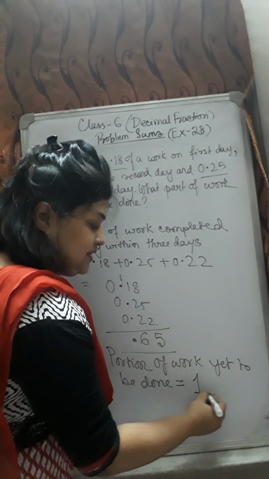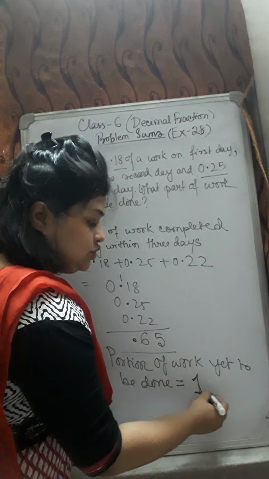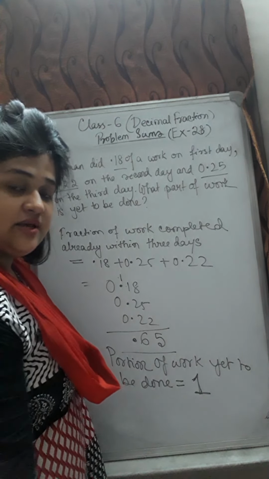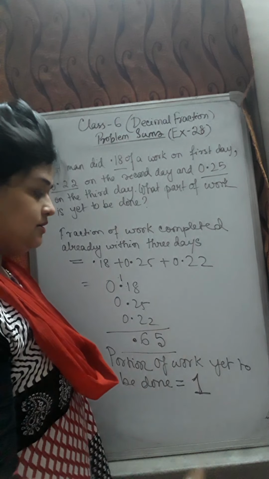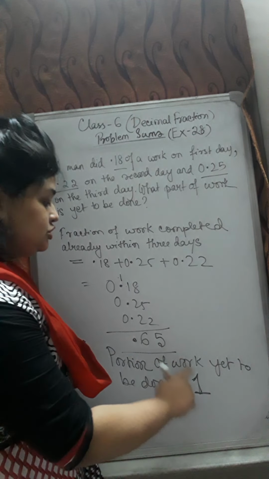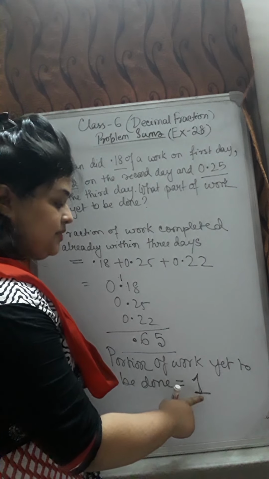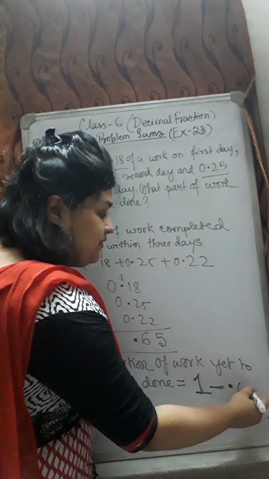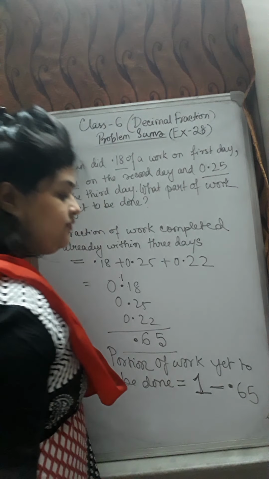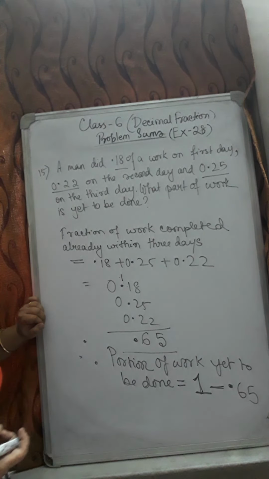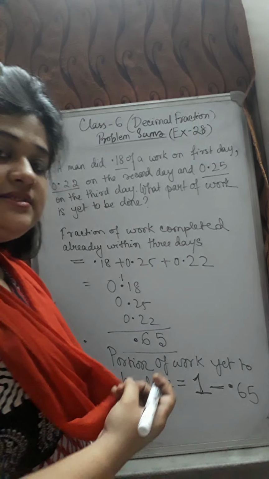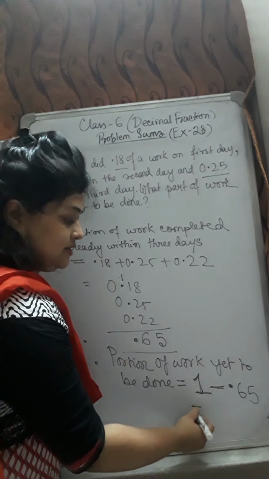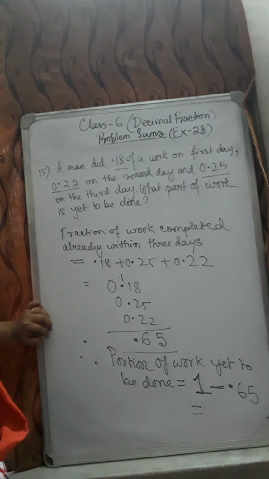If I say the total work is 1, because the total work is a single work divided into smaller pieces, and he has already done 0.65, then if I subtract, I will get the remaining portion of work he still has to do. So 1 minus 0.65 will give me the answer.